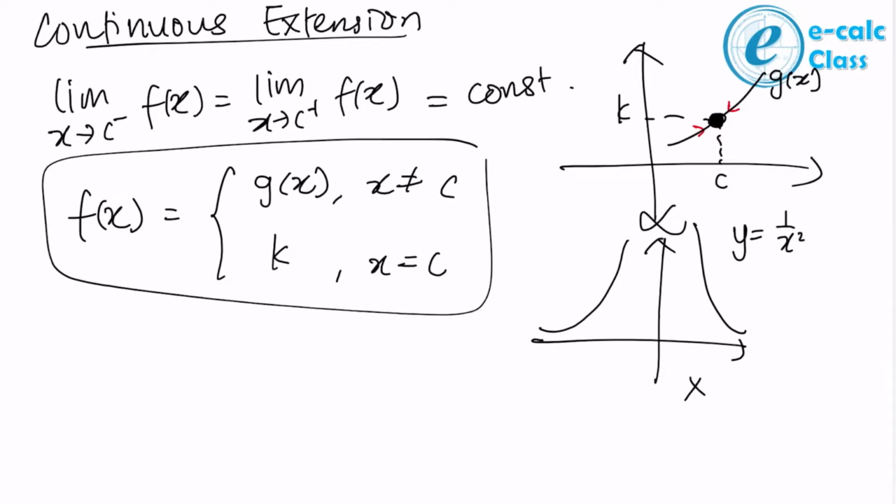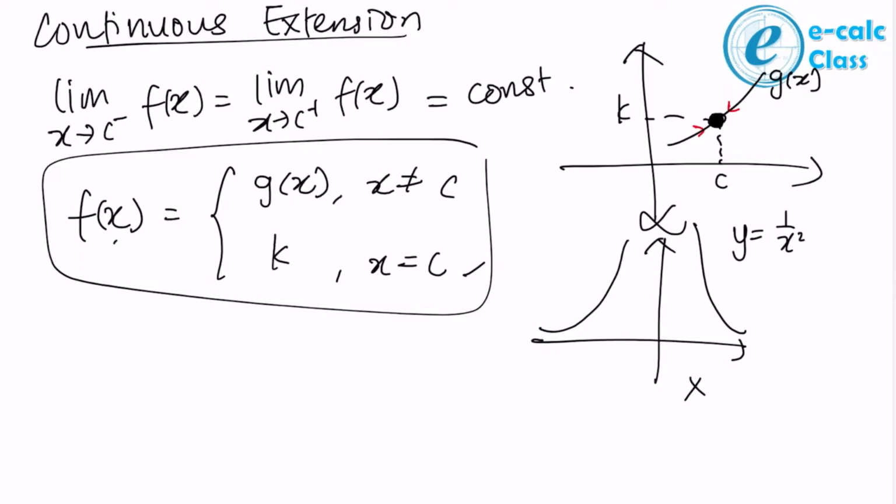And now you see what happened? Your limit from the left and from the right are the same, so the limit exists. And now your f(x) is defined, right? And then your limit and your f have the same value. Therefore, the graph is now continuous at point c.